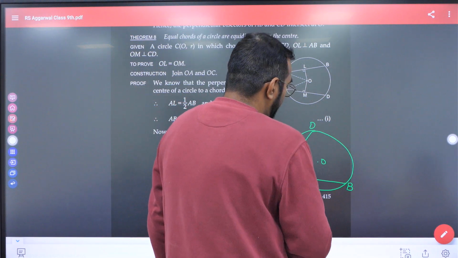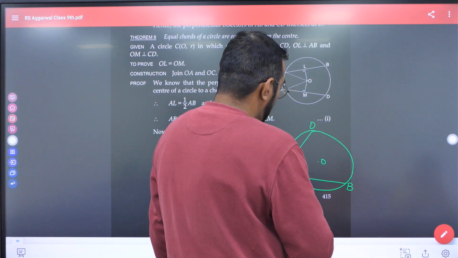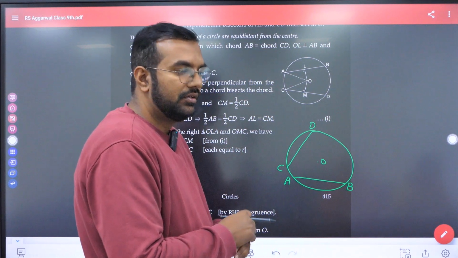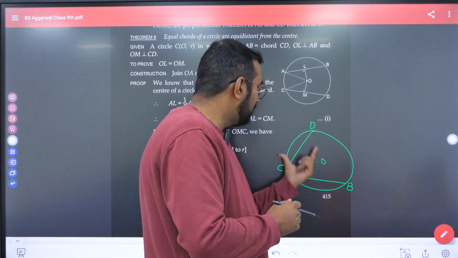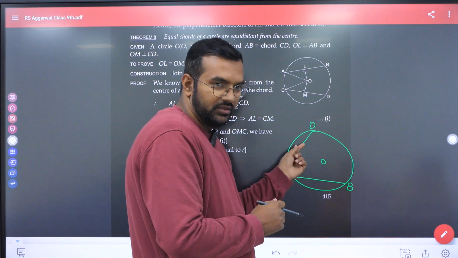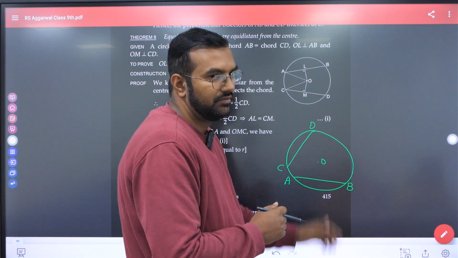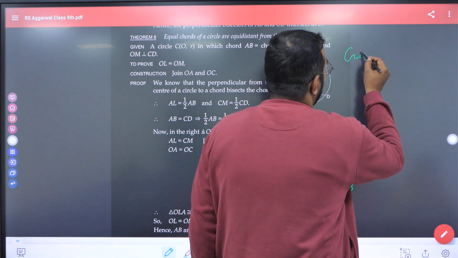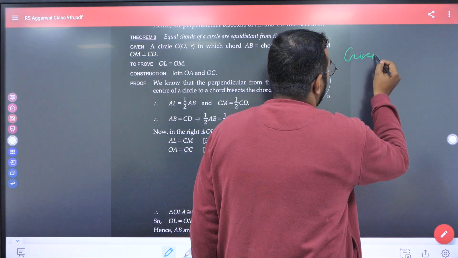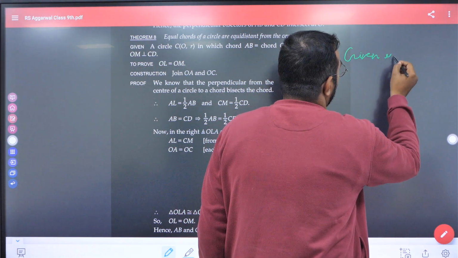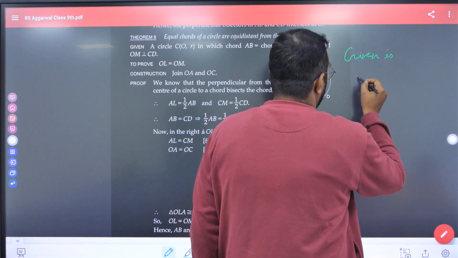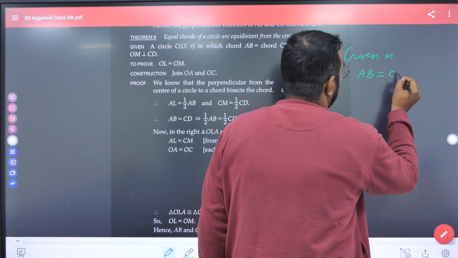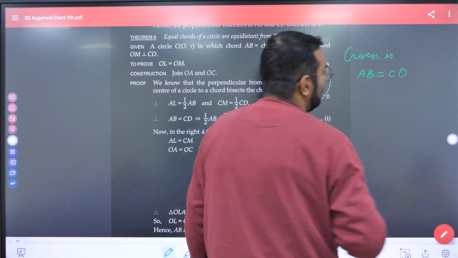So, beta, we have to prove it because it is a theorem. We have to prove that these two equal chords are equidistant from the center. What is given here? Given is AB equals CD.